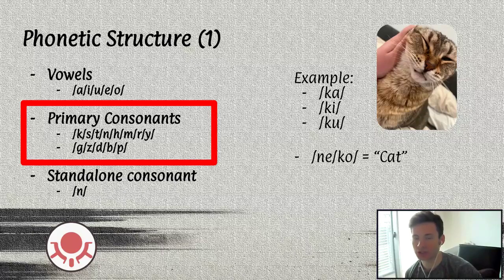It also contains a number of consonants, as are seen here, including the k, sh, t, n, h, d, and y, as well as the voiced g, z, d, b, and p sounds. Altogether, this corresponds to many of the consonants that we have, but not all, in the English language.